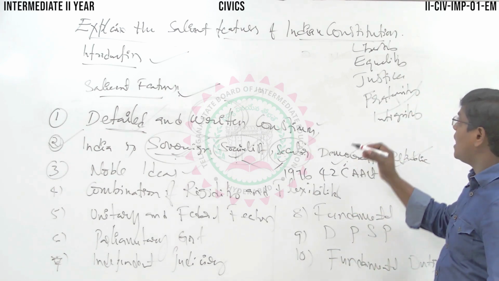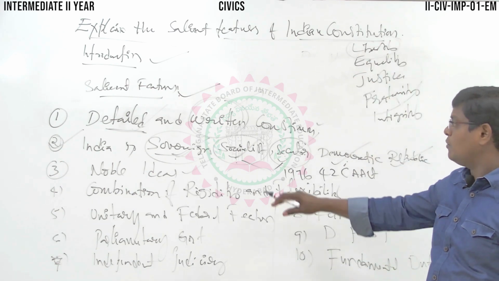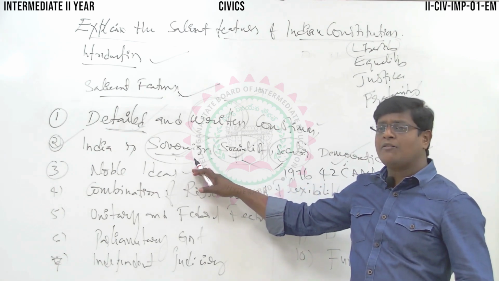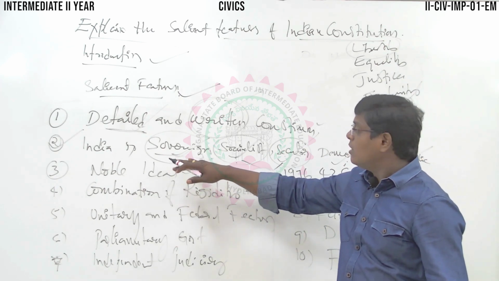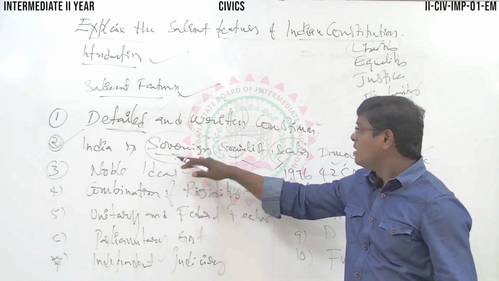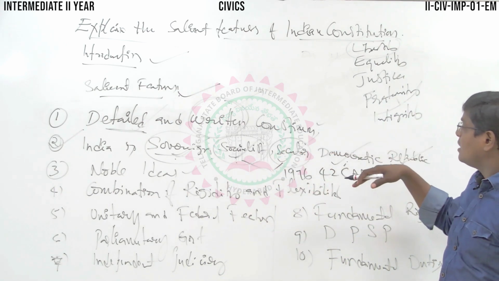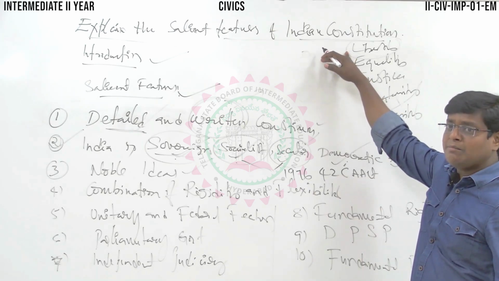Understood? They are the noble ideals mentioned in the preamble of the Indian Constitution. If you observe the preamble of India, it starts with: We, the people of India, having solemnly resolved to constitute India into a sovereign, socialist, secular, democratic republic. Below that, the noble ideals are clearly mentioned.